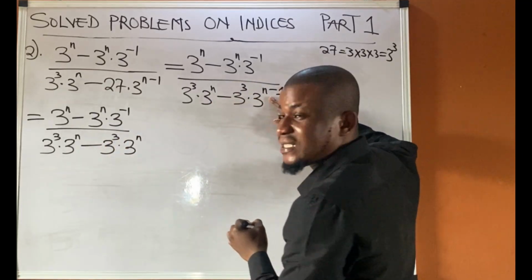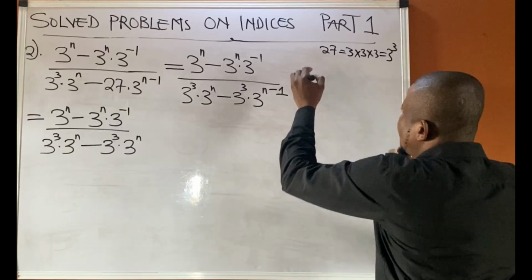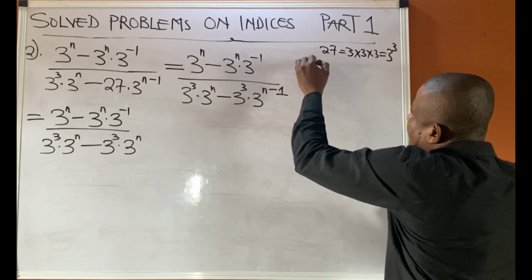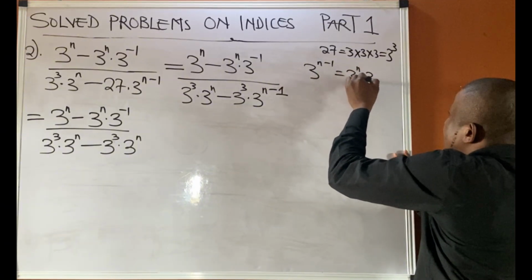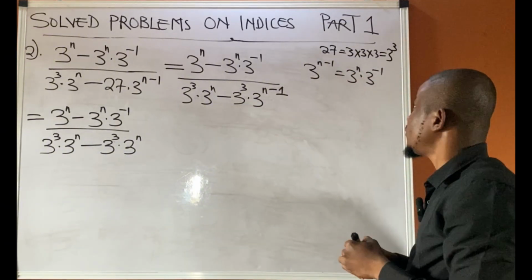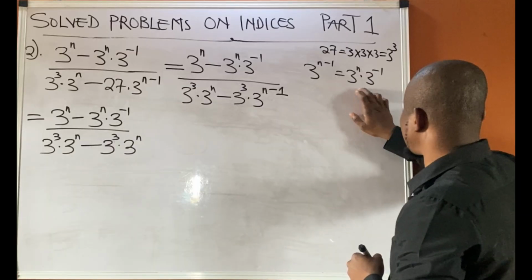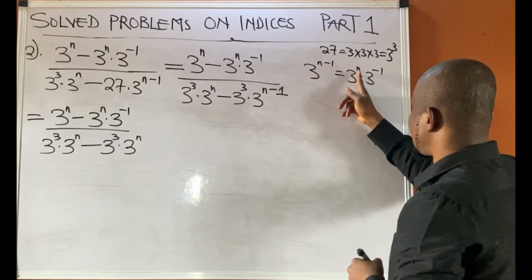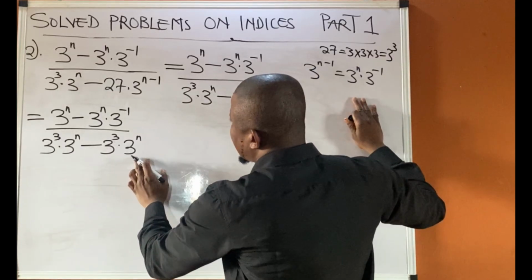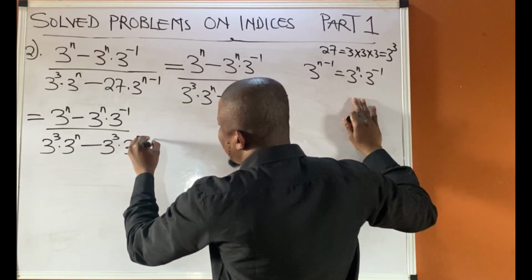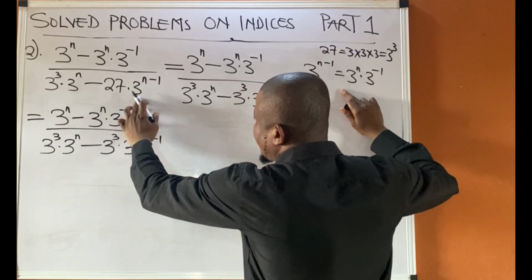Now, we can break this apart. We know that 3 to power n minus 1 is the same as 3 to power n times 3 to power negative 1. According to the law of indices, the law of multiplication, when the bases are the same, you add the powers. So we can split this to this. So we have 3 to power n times 3 to power negative 1.